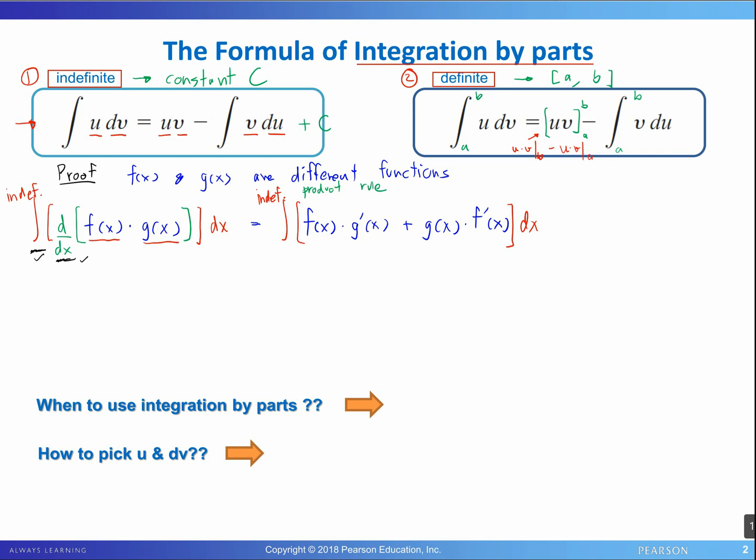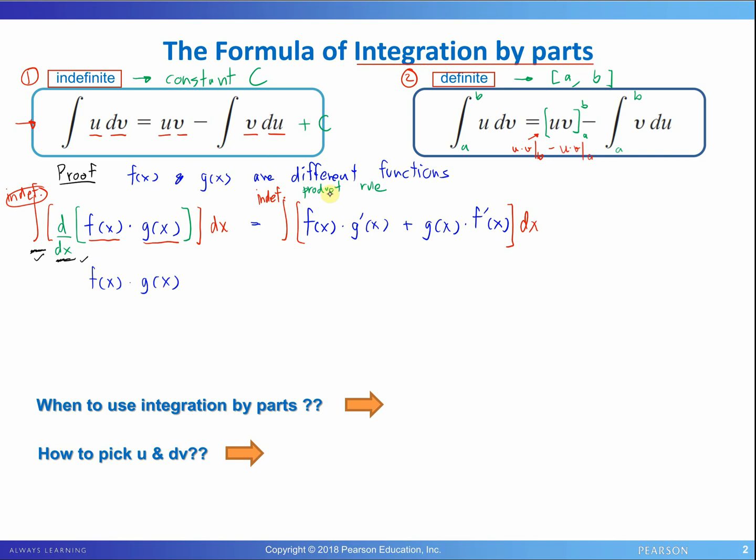As you can see, these two sort of cancel each other, and this means that we are supposed to get the product back, f of x times g of x down here. However, you need to keep in mind that the last operation that we performed is an indefinite integral, which means that we are supposed to get a constant c showing up at the end.